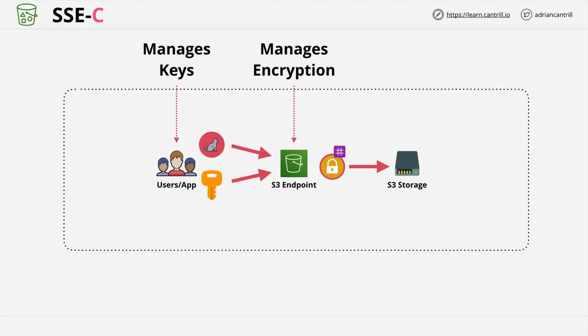But you do need to trust that S3 will discard the keys that you send them to encrypt and decrypt. But there are audits which prove what AWS do and when, so you can always consult these. So this is SSE-C, and it gets used when you need to retain key management, but you don't need to retain the overhead of encryption and decryption.